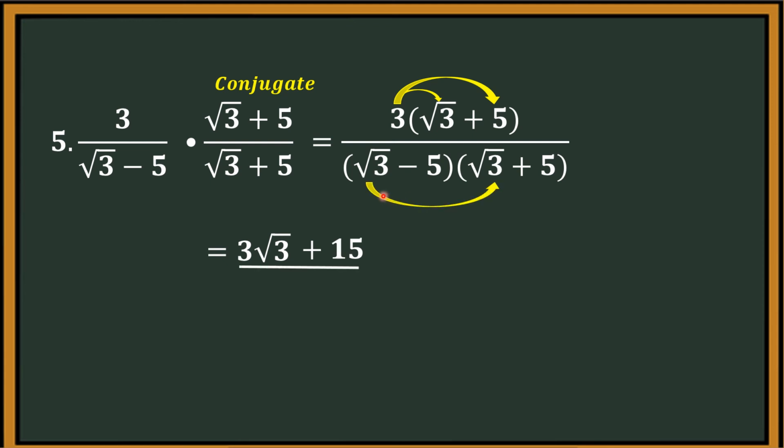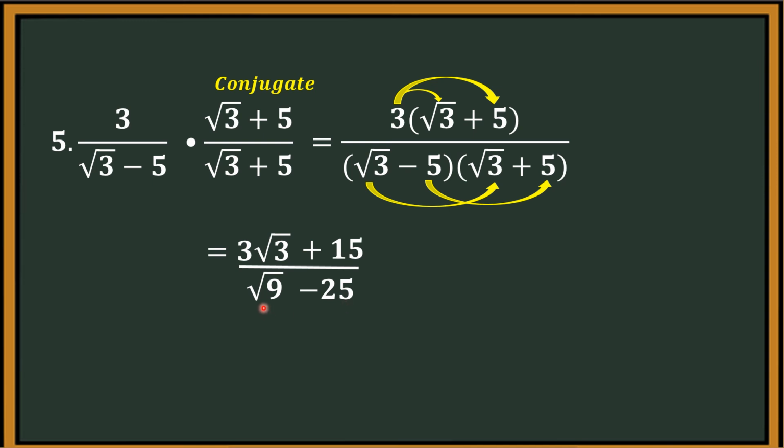So that is square root of 3 times square root of 3. So that is equal to the square root of 9. Then sunod yung last terms. Negative 5, be careful, we're going to carry the sign. So that is negative 5 times 5, that is negative 25.